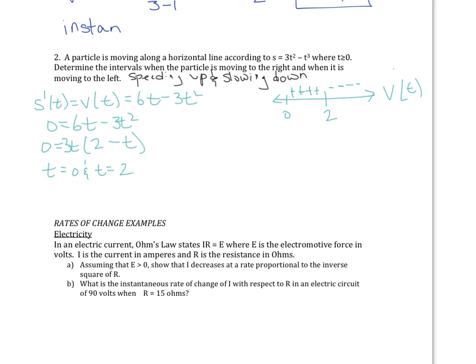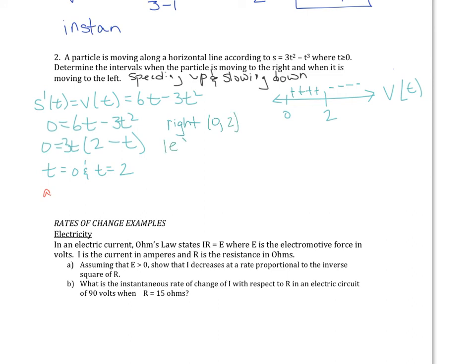Now I want to find the acceleration equation. So a of t, okay, so this is when I'm moving forward and I'm moving to the right and moving to the left. So let's finish this problem out before we continue on to the next one. So I'm moving forward, which is to the right, when t is between 0 and 2.